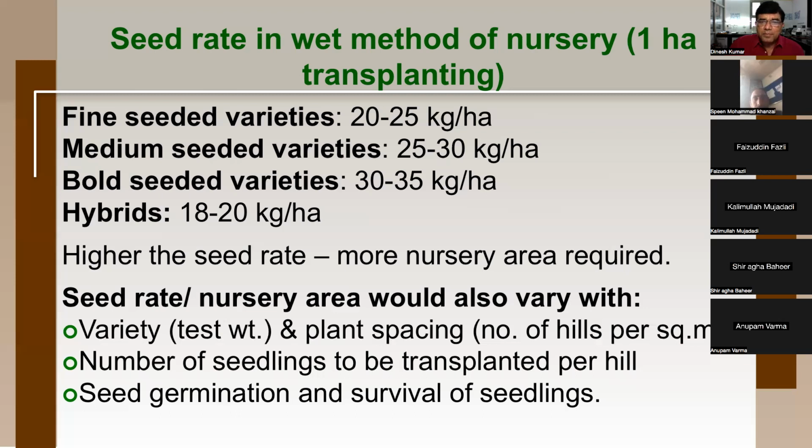Lower the germination percentage of the seed, you need more seed. Finer is the seed, you need less seed. Bolder is the seed, you need more seed. So these are certain criteria based upon which you decide the seed rate. Similarly, if your planting is done at narrow spacing, that means you need more plants, more seedlings, then you need more seed rate.